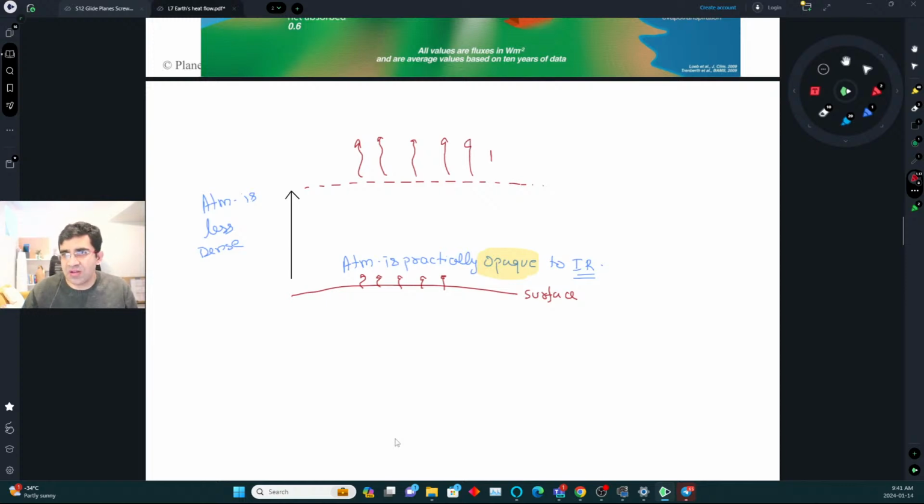The atmosphere is no longer opaque. Radiation can escape. What we are trying to do here is technically understand the greenhouse effect.